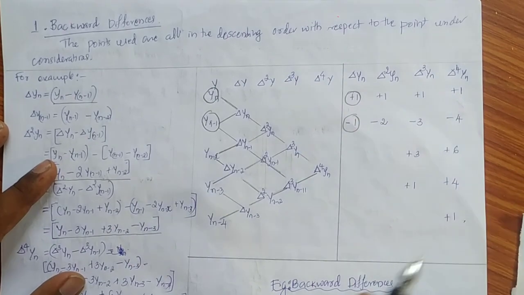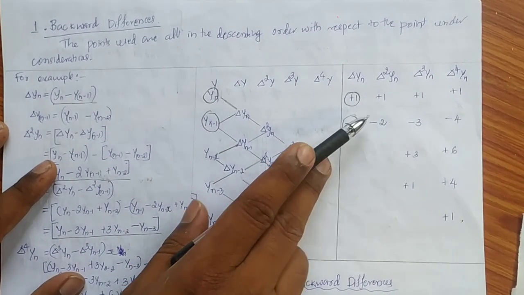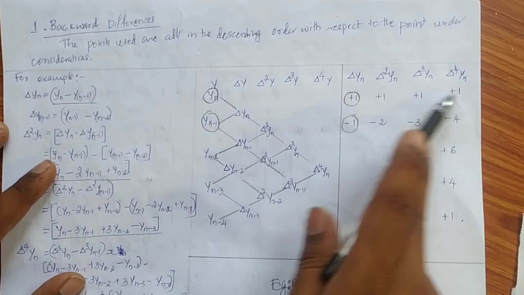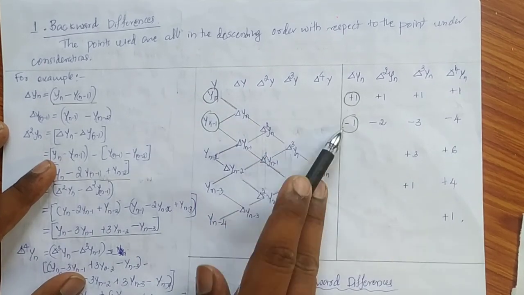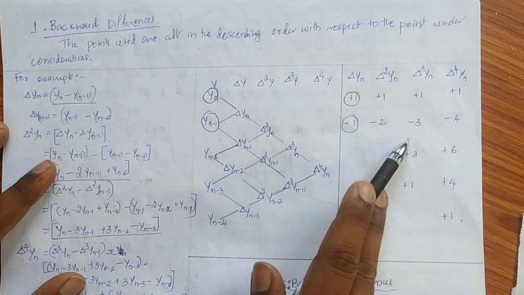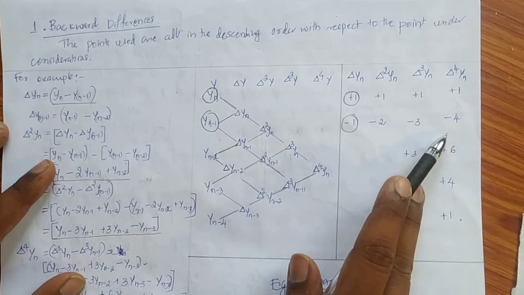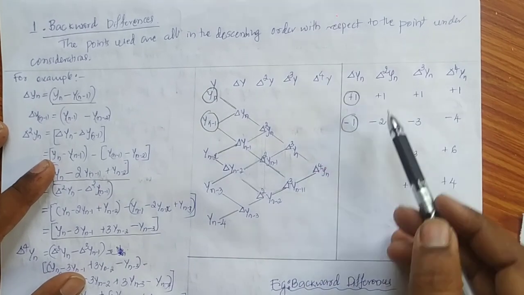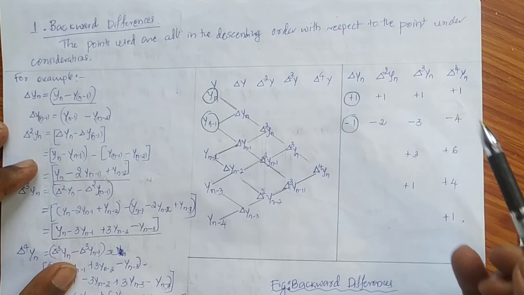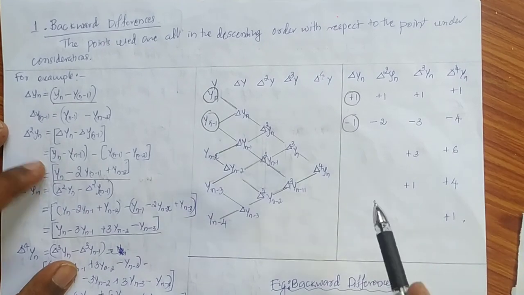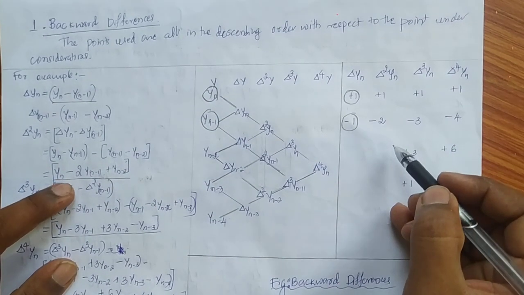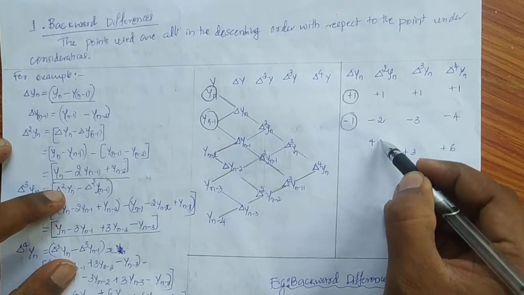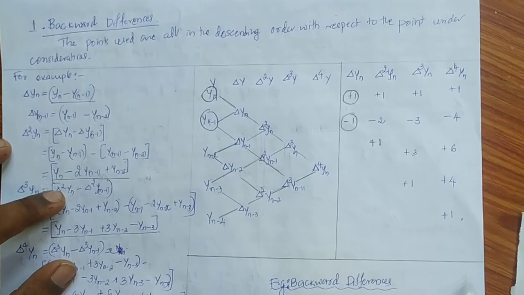You can see the values have been increasing: you start with plus 1, next is minus 1 for yn, next minus 2, next minus 3, next minus 4. And here, because delta yn stops with two values only, plus 1 will be there.